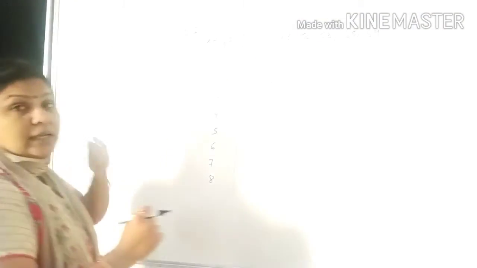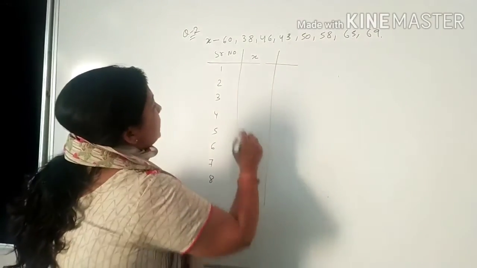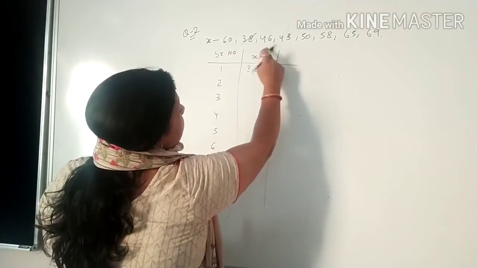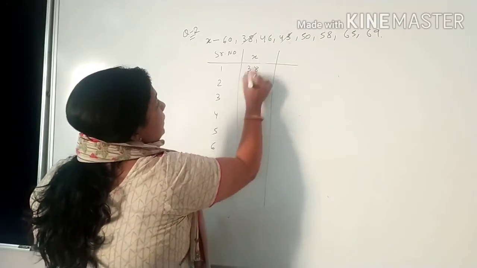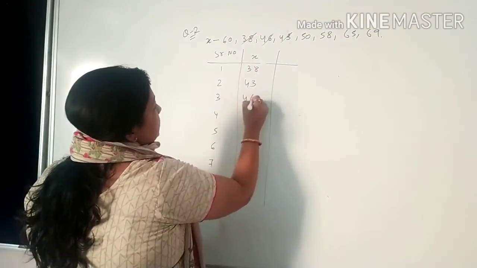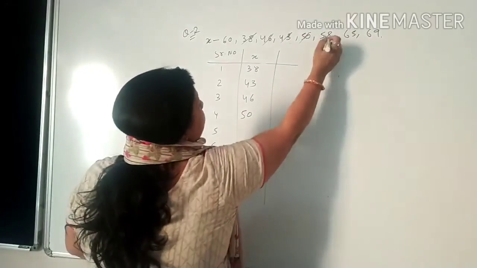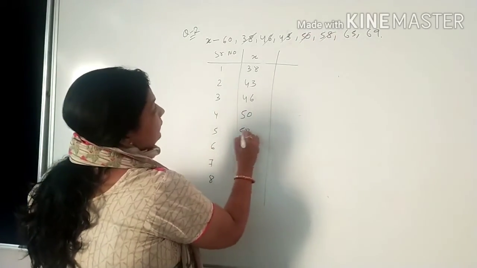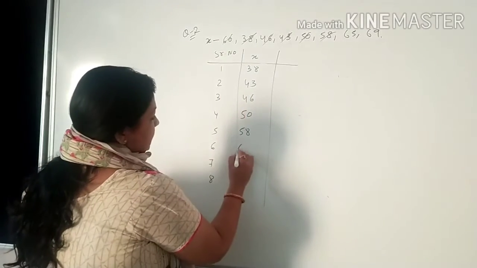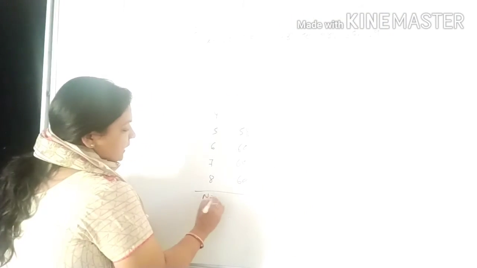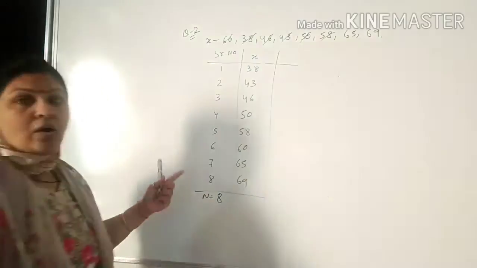Minimum is 38. So 38, then 43, then 46, then 50, then 58, then 60, then 65 and 69. We just arranged the data in ascending order.